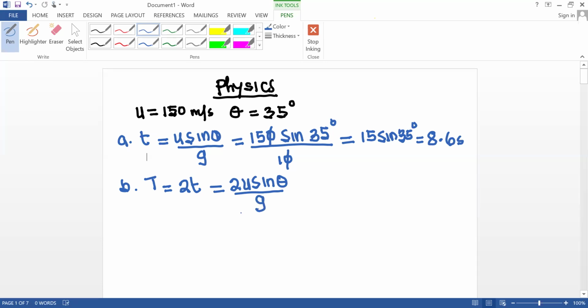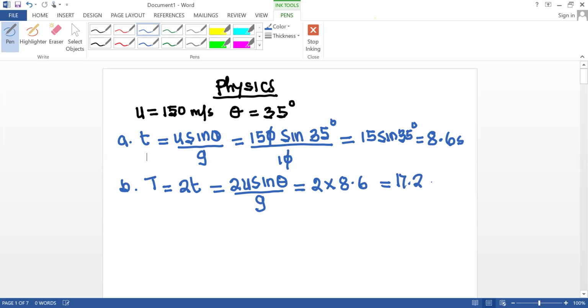The truth is that when you understand this, the formula doesn't matter. Once I have the time taken to reach the maximum height, then the time of flight will just be 2 times 8.6.